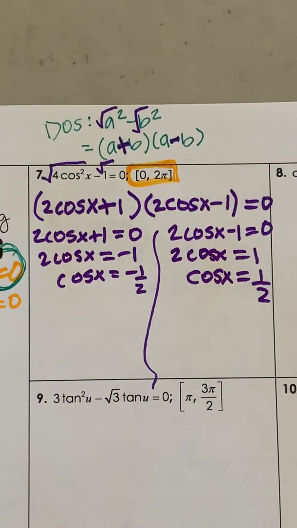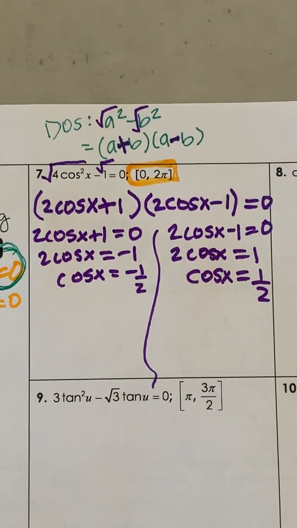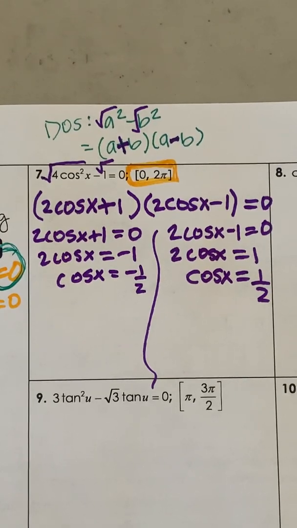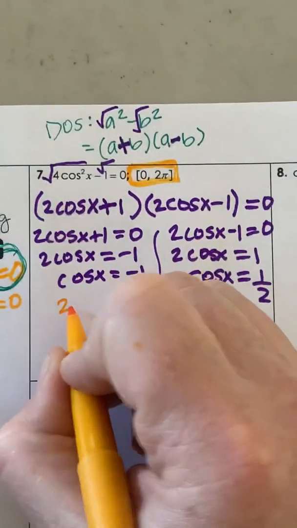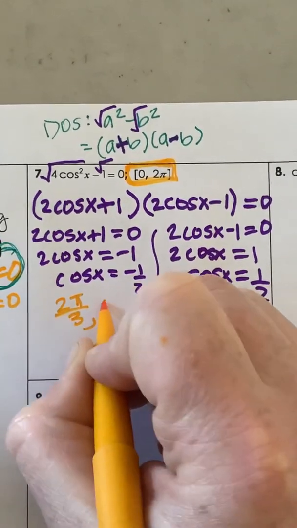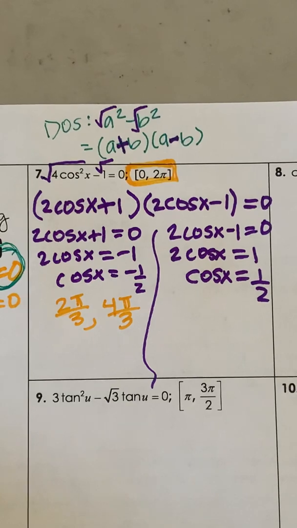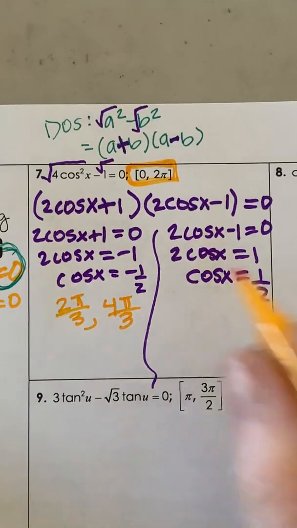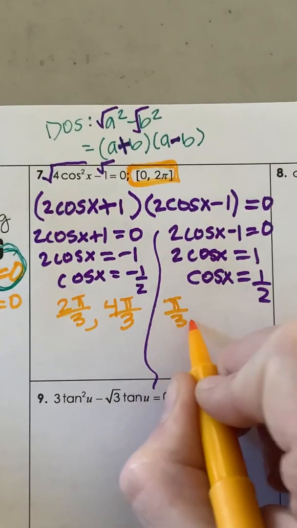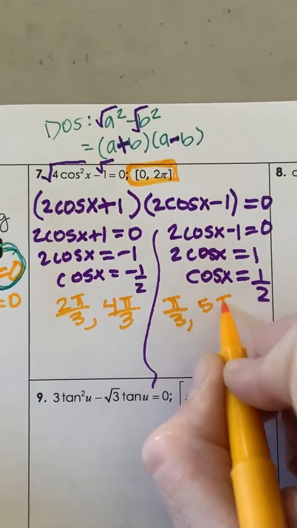Okay, so I need to list everything on my interval from 0 to 2 pi that will have a cosine of -1/2 and 1/2. All of them need to be included. So cosine x is -1/2 at 2 pi over 3 and 4 pi over 3. And cosine x is +1/2 at pi over 3, 5 pi over 3.